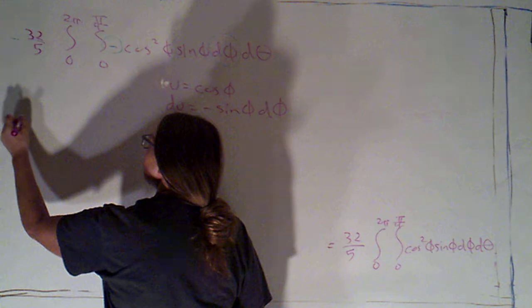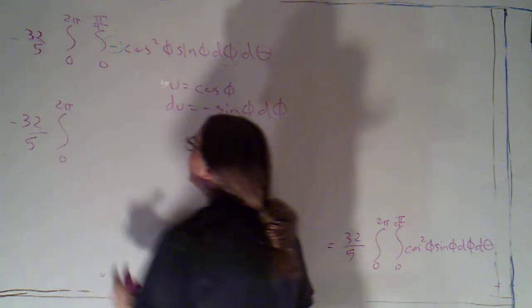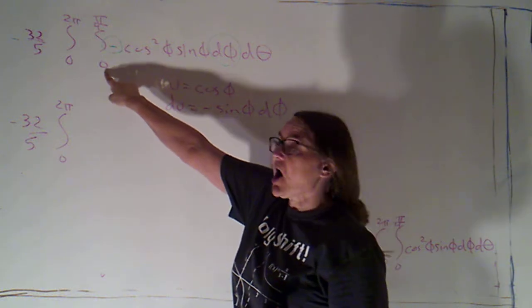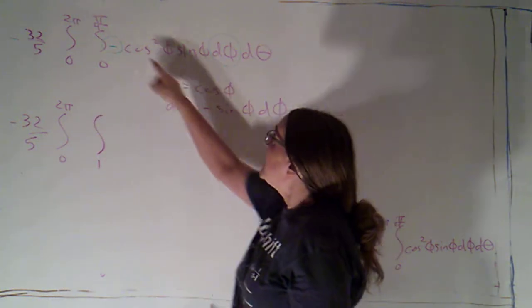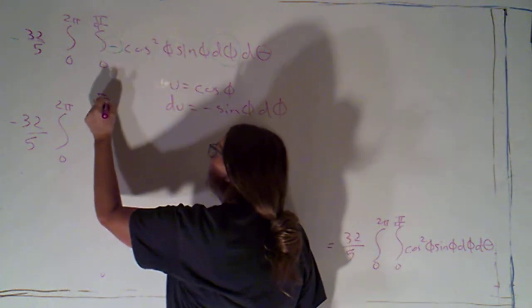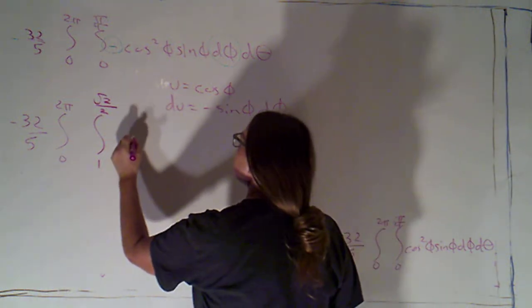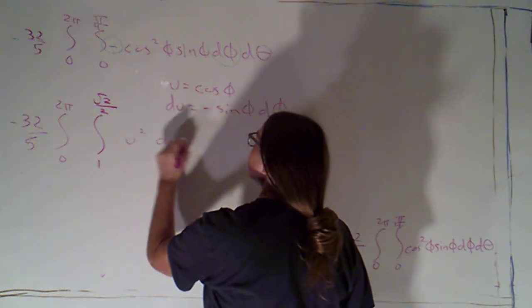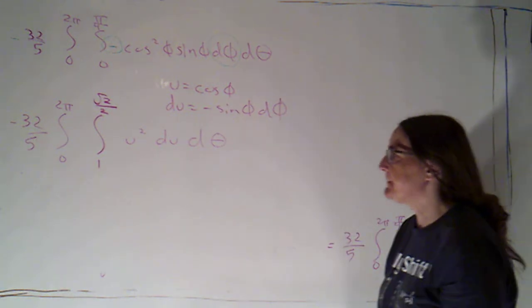So we will have negative 32 fifths, integral from 0 to 2 pi. We're integrating from cosine of 0, which is 1, to cosine of pi over 4, which is root 2 over 2. And we're integrating then u squared du, and then we'll integrate that with respect to theta.